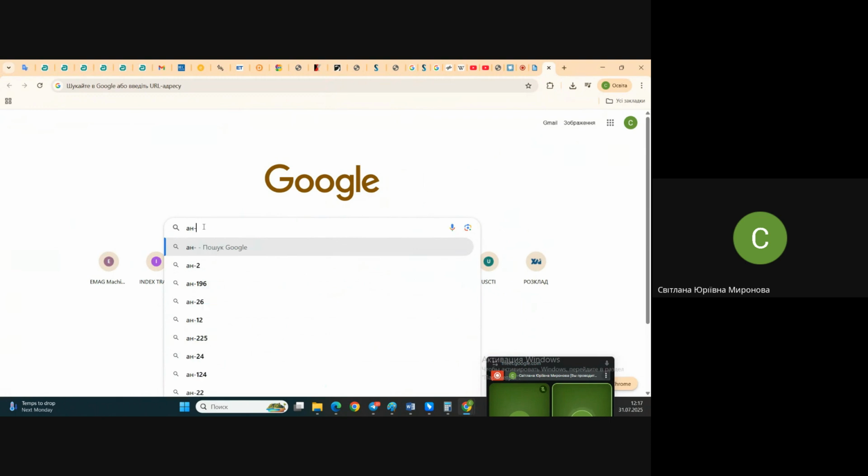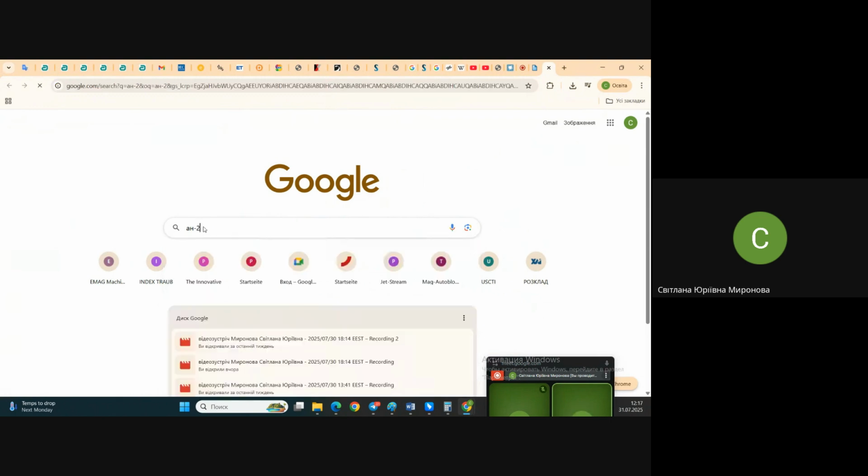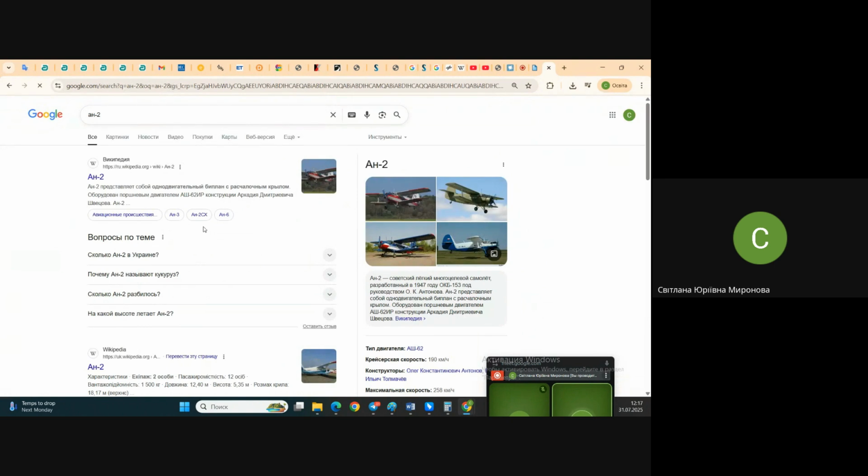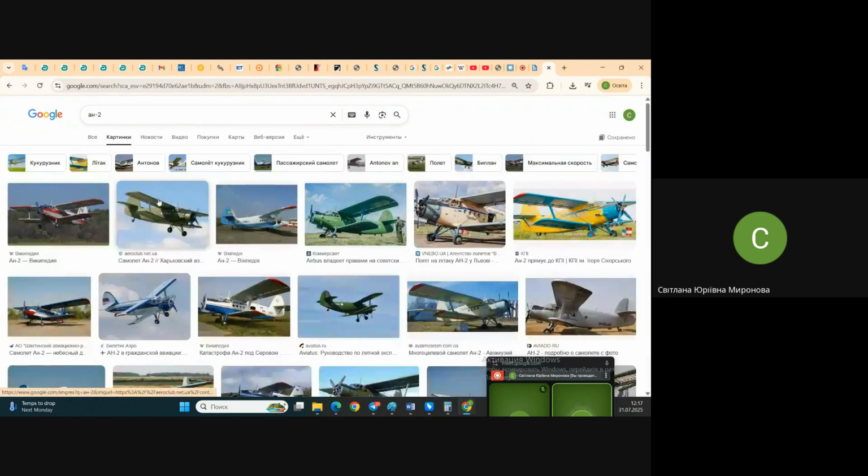In our country, it's got a name something like the maize airplane. Why? Because Antonov number 2, the Antonov second, very popular since the 1950s of the previous century. There are new modifications of them with other engines and so on, flying all over the world, even by now. Why the maize airplane, Kukuruznik?